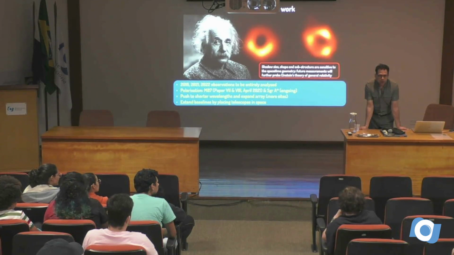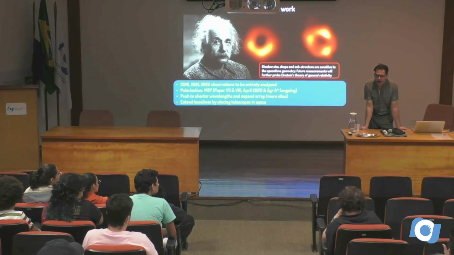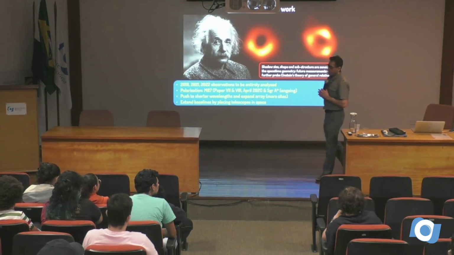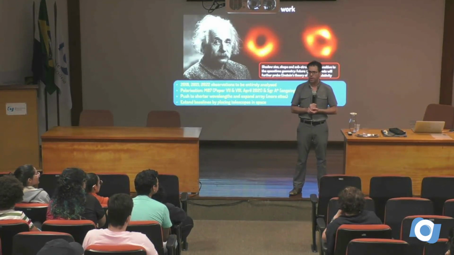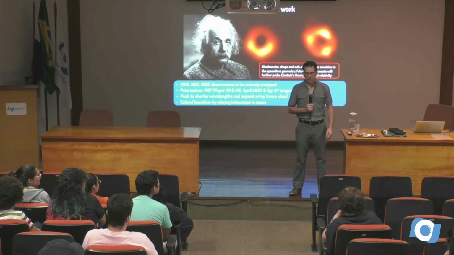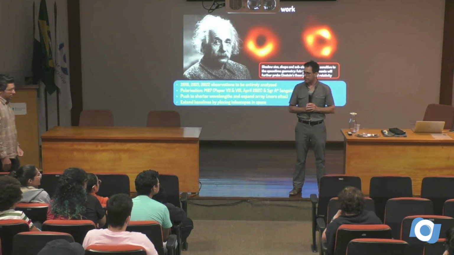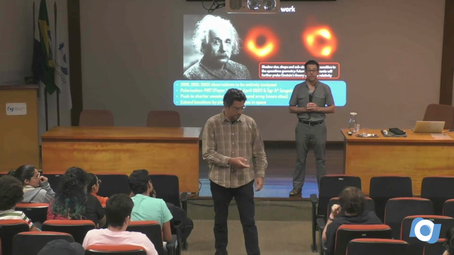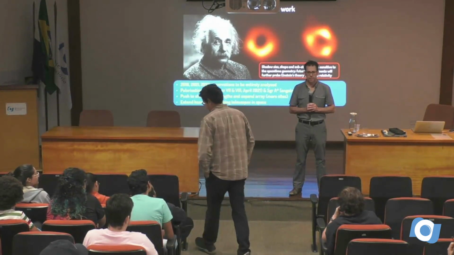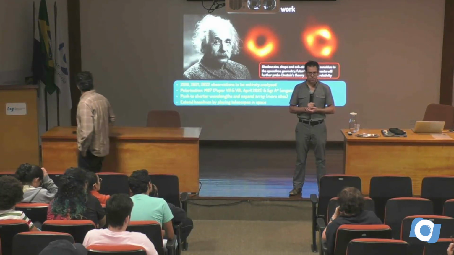No, they will always be too small. So stellar mass black holes cannot be resolved, no matter how far you put the satellites. But our hope is that we will be able to observe an important sample of black holes, maybe 10 to 20, not thousands, even with geostationary satellites. But even adding 10 different black holes with different masses, it will be very beneficial to understand black hole physics.